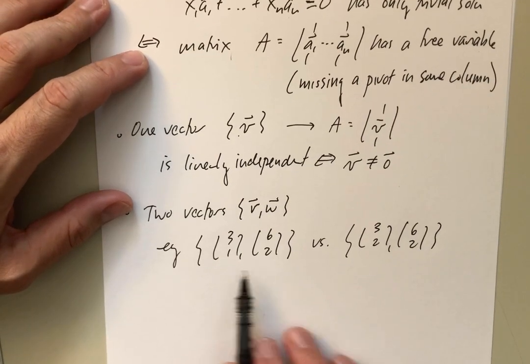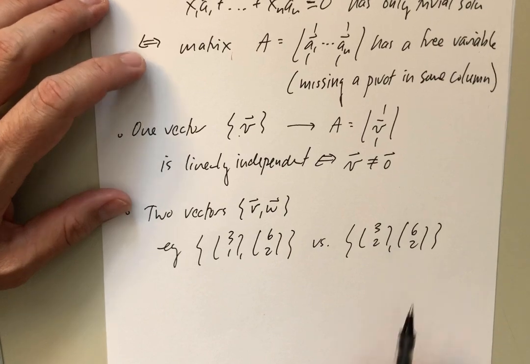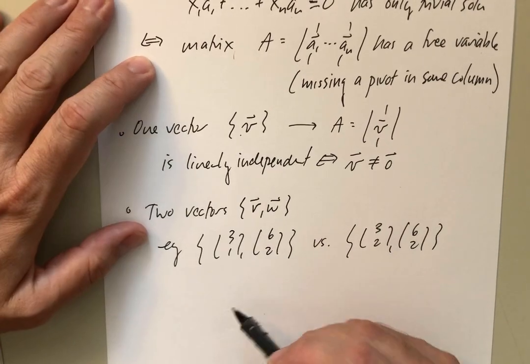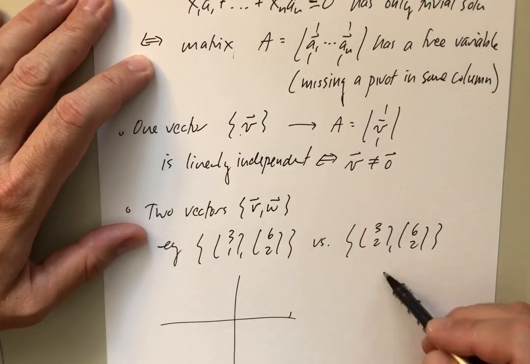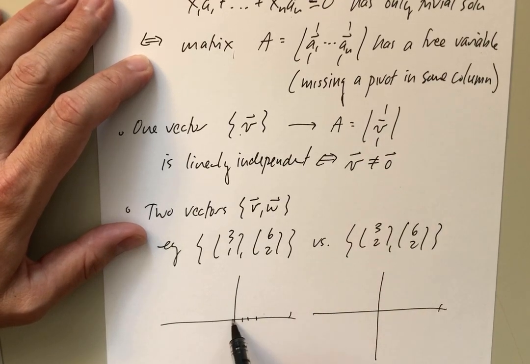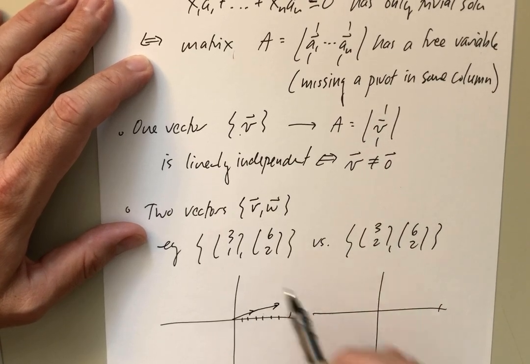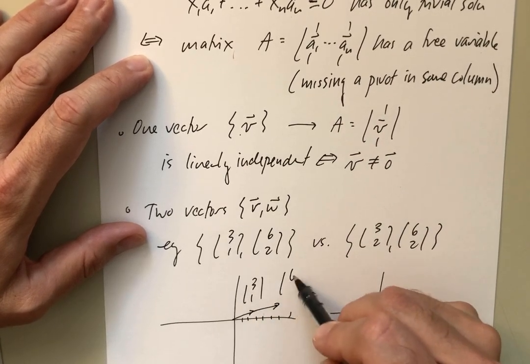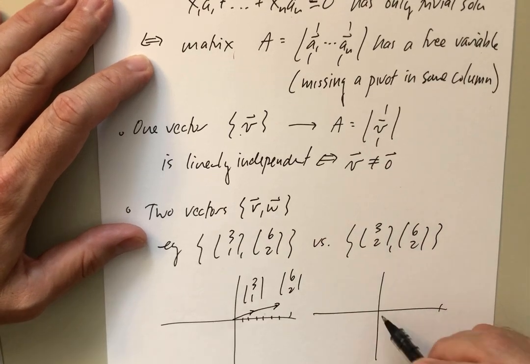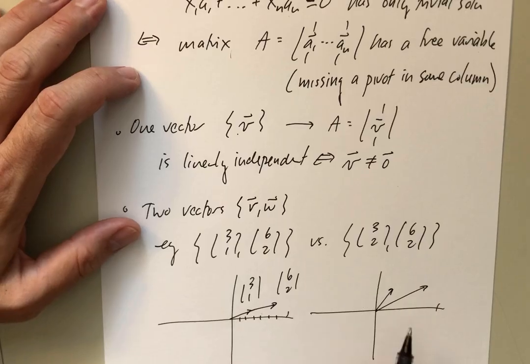In the first case, the second vector is a scalar multiple of the first, and in the second case, they're not. If I sketch the pictures, (3, 1) is here, and (6, 2) is here, and then we have (3, 2) and (6, 2). So the first pair is parallel, this one is not.